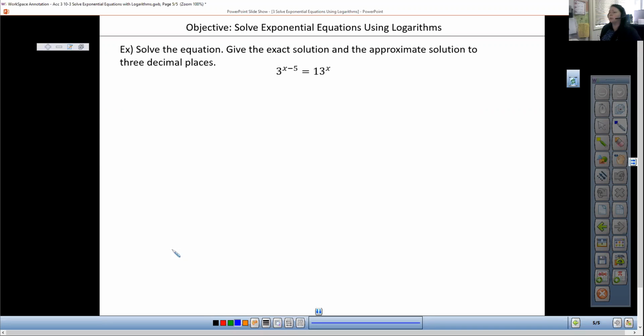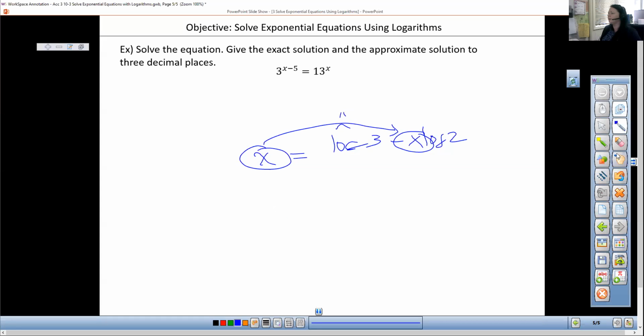So here we're going to talk about what our algebra needs to be in order to get our x's together so that we can have an x equals a number solution, which is the only type of valid solution. Some people will mistakenly have something like x equals log 3 minus x log 2. You can't have a solution for x with an x on the other side. That's a big no-no, okay?